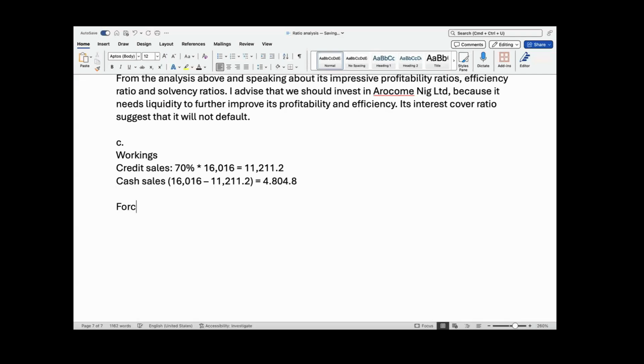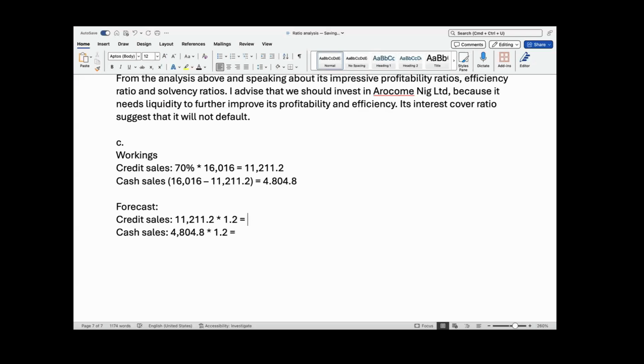Then the forecast, they say that the credit sales would improve next year by 20%. So that should be 11,211.2 times 1.2. And they say the cash sales will improve next year by 10%.